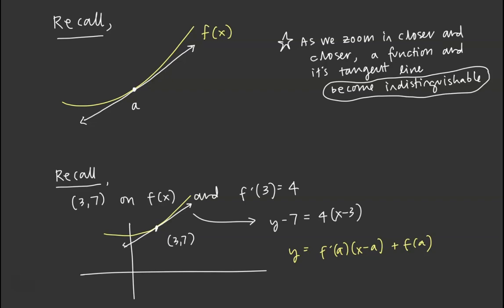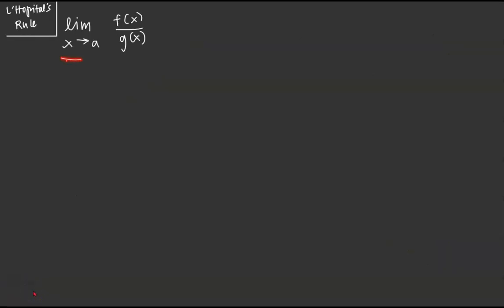Okay, so this is a fact that we're going to use and that Bernoulli used to come up with what's called L'Hopital's rule. That we are asked to evaluate a limit as x goes to a of f of x over g of x, but we're also told that f of a equals 0 and g of a equals 0.